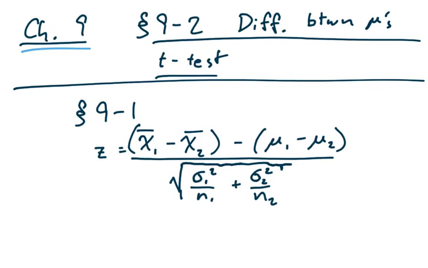Now, let's clean that up a little bit. And there we go. Not that I'm a perfectionist or anything. So there, now it's perfect. The only thing that's different in 9-2 is we're not given the population standard deviations.